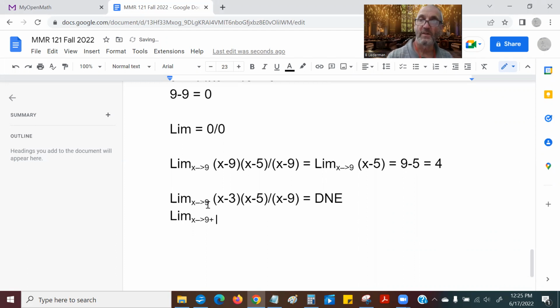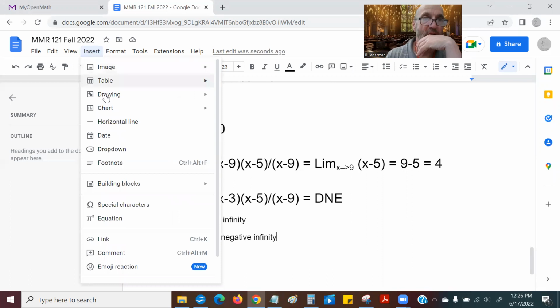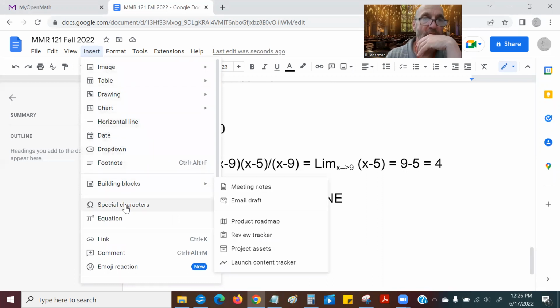The positive limit is going to equal infinity, and the negative limit is going to equal negative infinity. And that is the story of that. Actually, let me make this a little more mathy, and let's put in special characters.